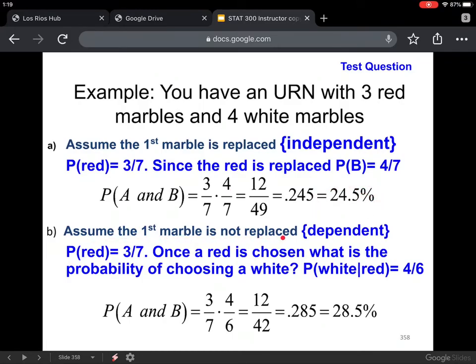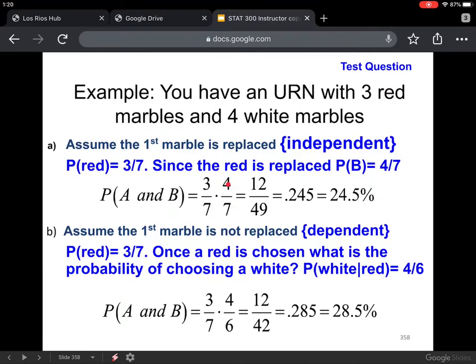Now, assume that the first marble is not replaced. What's the probability of choosing a red marble? There are 3 red marbles out of 7 in the urn. Now that we don't replace the red one, there are still 4 white ones in the urn, but the total is decreased by 1 because you've removed that one red marble. So 4 out of 6. There is now a higher probability of choosing a white marble than there previously was when we replaced the red marble, which was kind of getting in the way of us choosing a white marble.